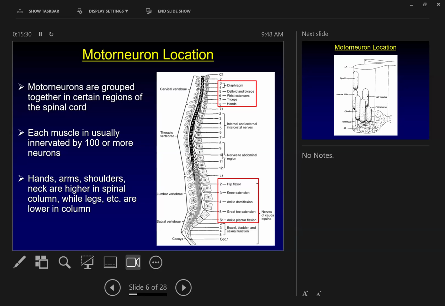Most of our lower body ones are going to be down in the lumbar: hip flexors, knee extensors, dorsiflexors, and plantar flexors, down in the lumbar and into the sacral. Having them grouped like this has advantages and disadvantages, and that is where we will pick up on Friday.